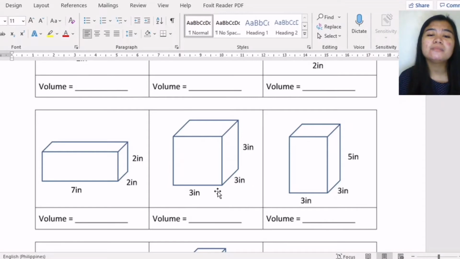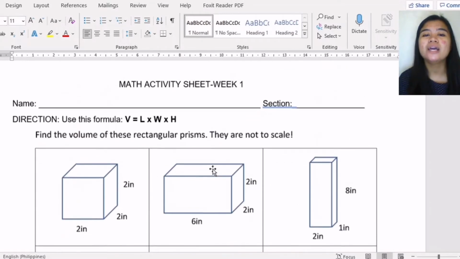So, pareho lang din naman kasi ang formula ng paghahanap ng volume ng cube, that is S times S times height, so pareho lang siya sa length times width times height. Kaya, ganun pa din ang gagamitin nyo. Kaya, ang nilagay dito sa direction, use this formula: volume is equal to length times width times height.